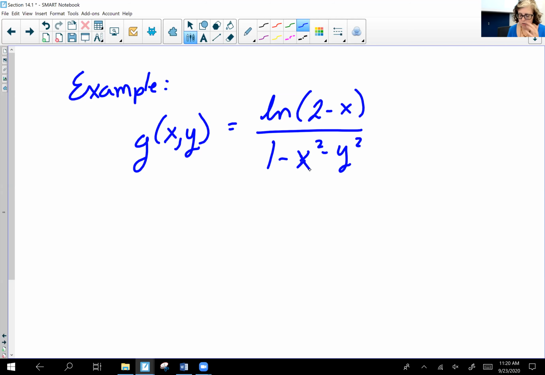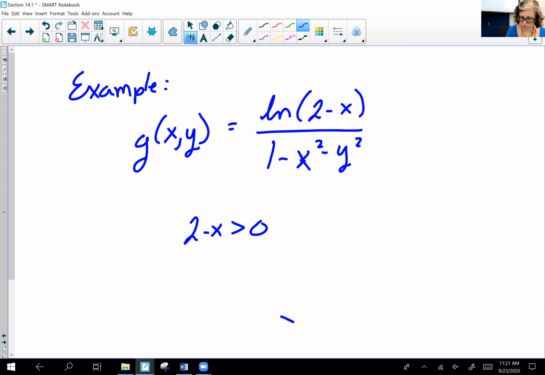Okay, so let's look at what's going to happen for the domain on this one. A 2 variable domain has an x and a y scenario going on. The top has a problem, correct? So the problem on the top is that 2 minus x has to be greater than 0.